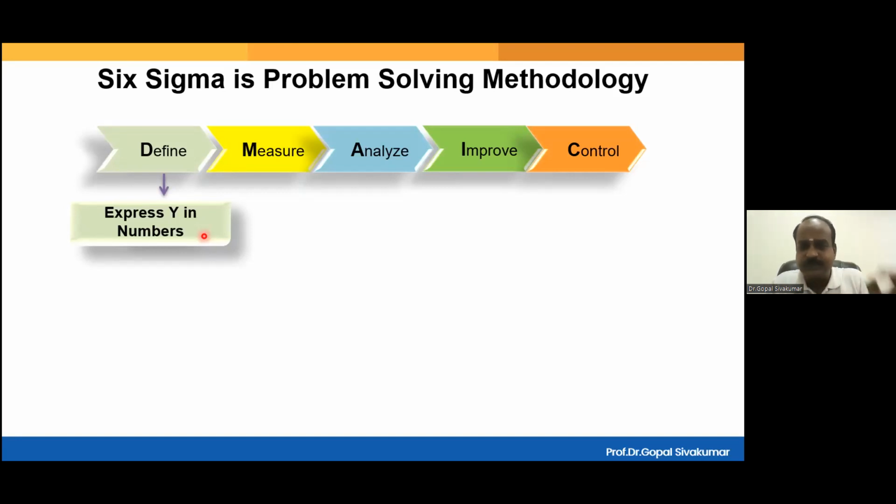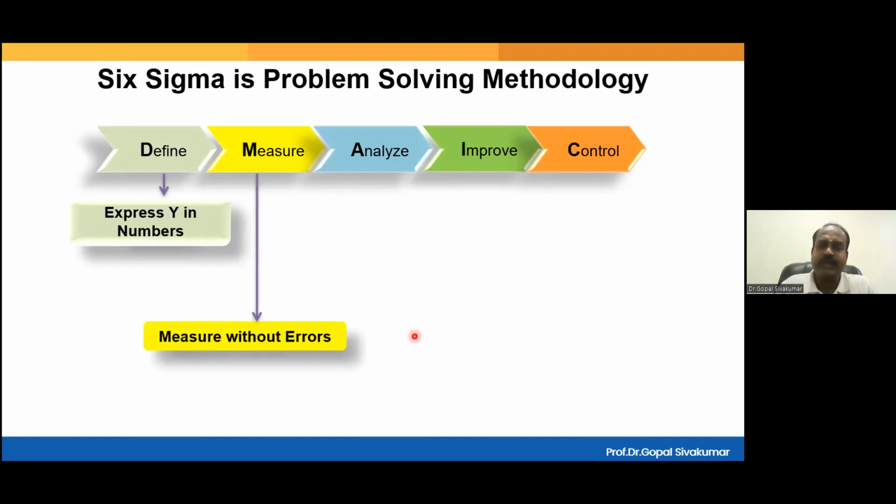So define means CTQs are very, very clear. Particularly the CTQ under trouble is understood, right? And then measure means you get the baseline of the CTQ. You have the baseline performance very clearly. The ground reality is understood. You say rejection percentage.